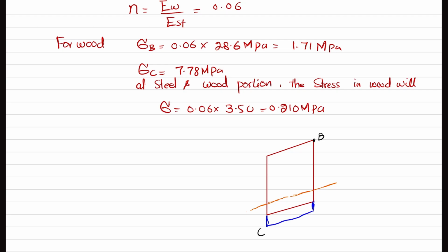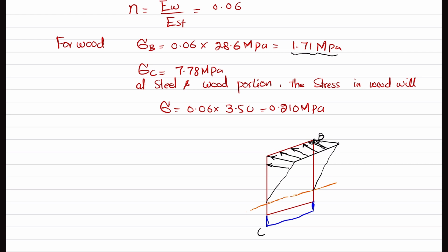So as point B was in compression, for wood it will be 1.71. If I draw it like this, the stress distribution will be like this one. All the lines will be parallel, and you can see till the neutral axis it will be like this.